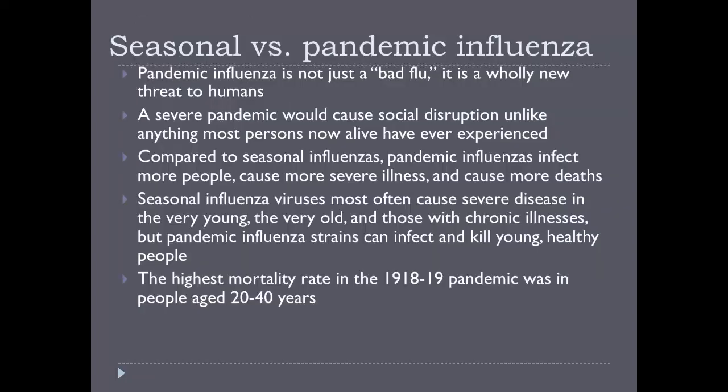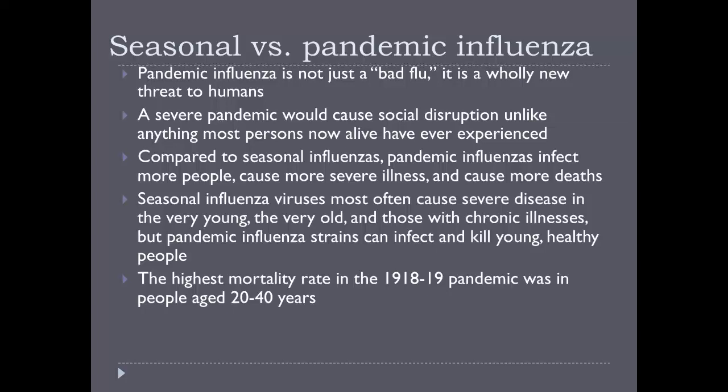And then seasonal versus pandemic flu. Pandemic flu is not just a bad flu, it's a wholly new threat to humans. And it can disrupt massively your immune system, and it can disrupt the human experience in general. Some of these flu epidemics have shifted the course of human history, for instance, because of these pandemics.